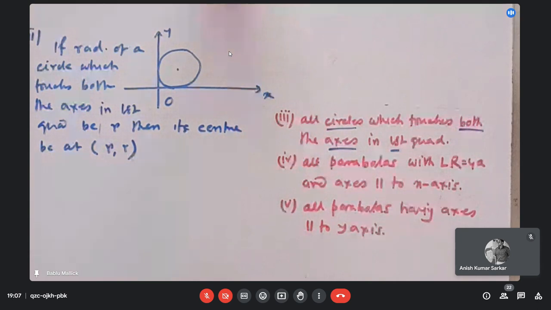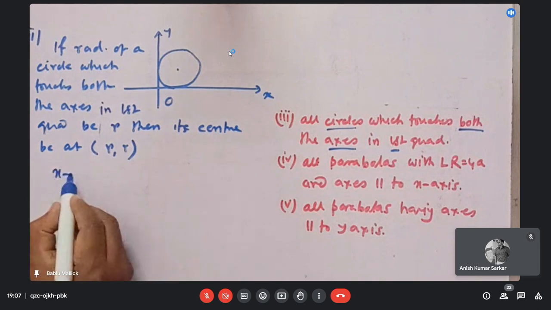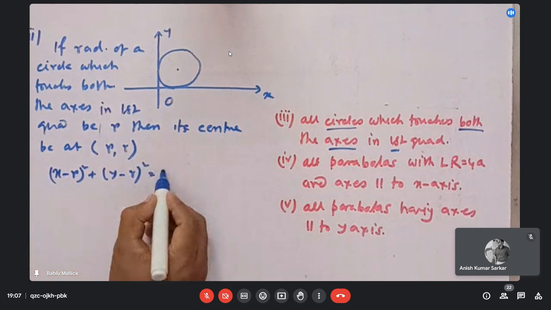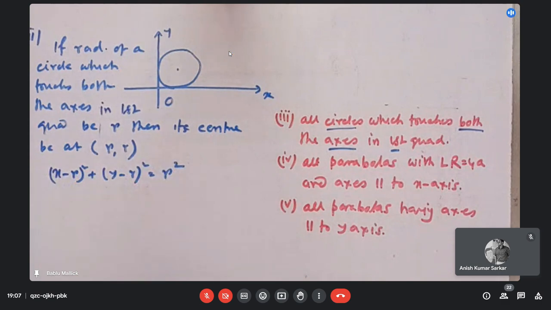Then its equation will be x minus r whole square plus y minus r whole square is equal to r square.